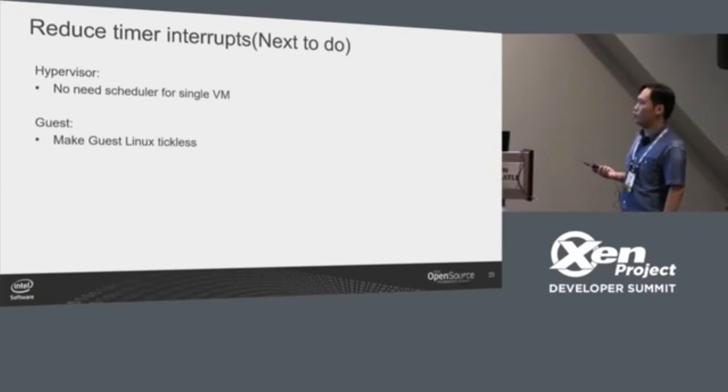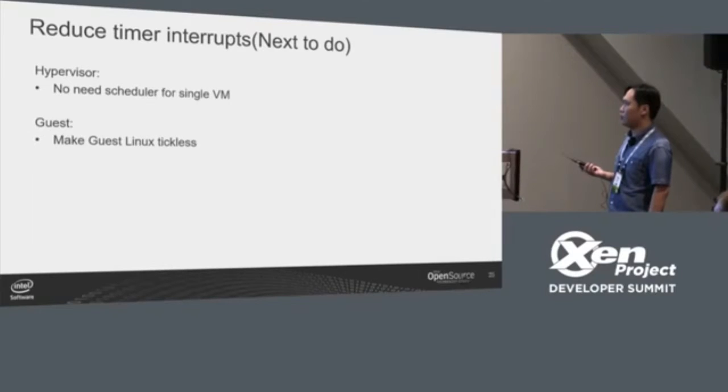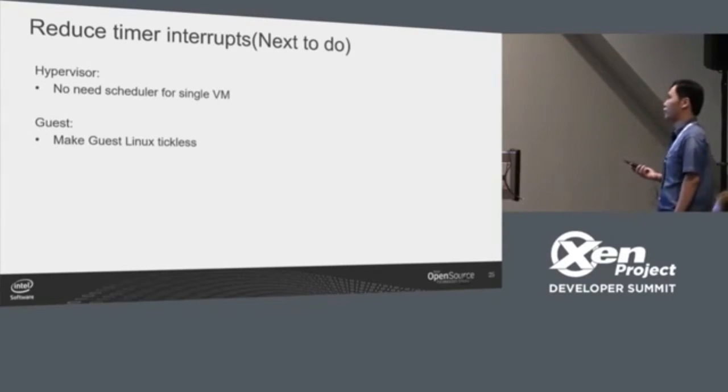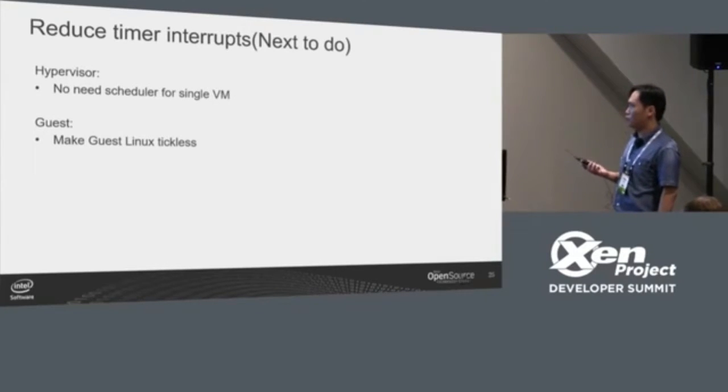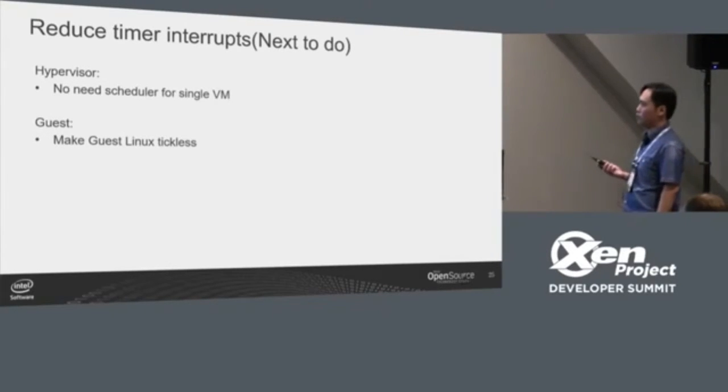We have some thoughts. First, from the hypervisor view, since we just run one single VM on one machine, the scheduler may not be necessary. That can help to reduce the scheduler timer requests. From the guest view, we can make the guest Linux kernel tickless to remove some periodic timers.